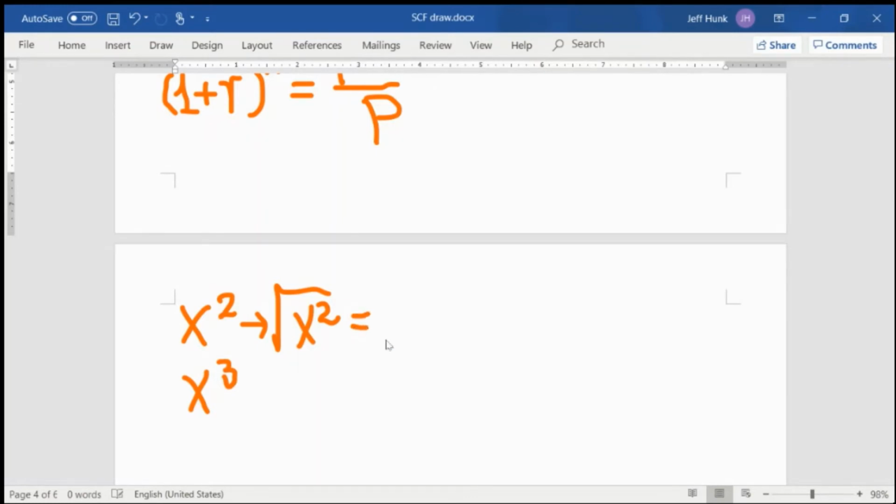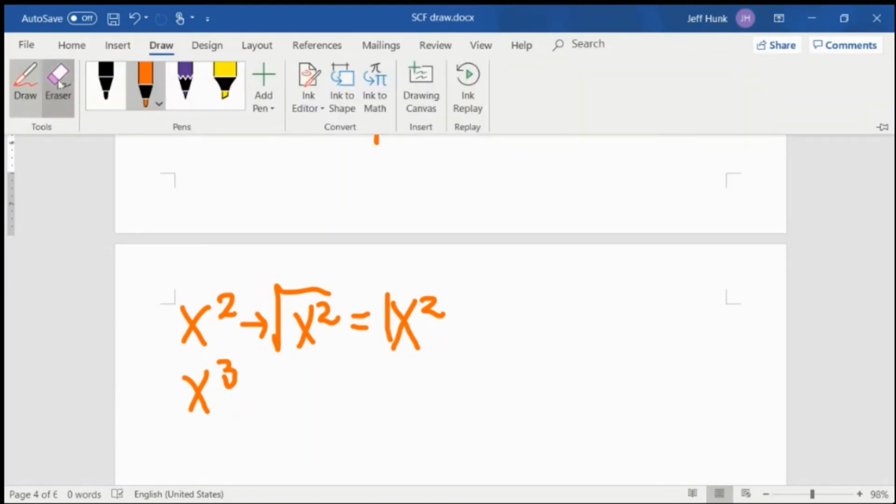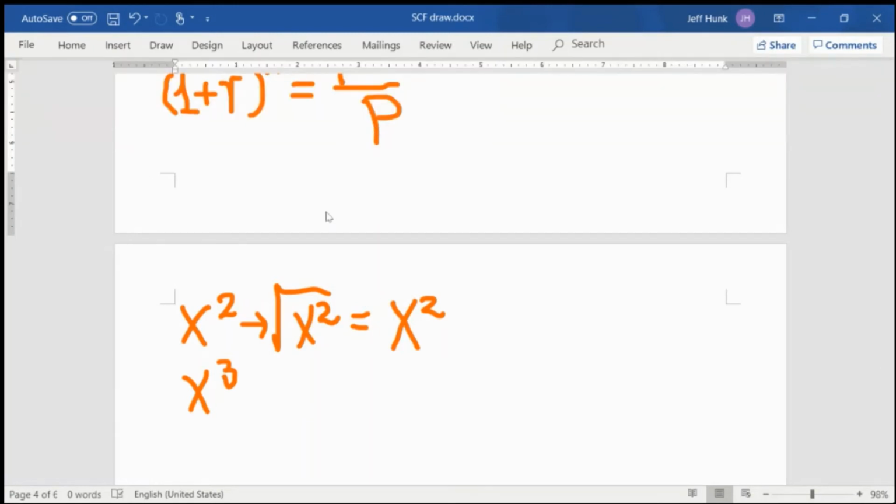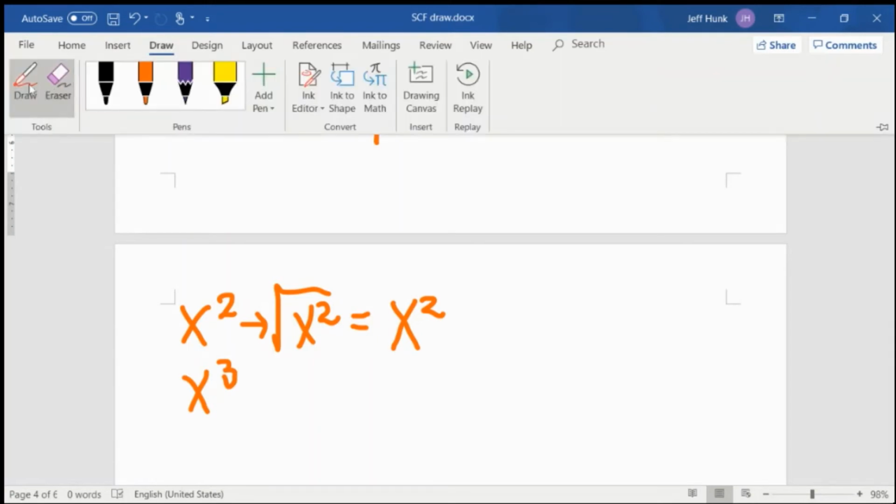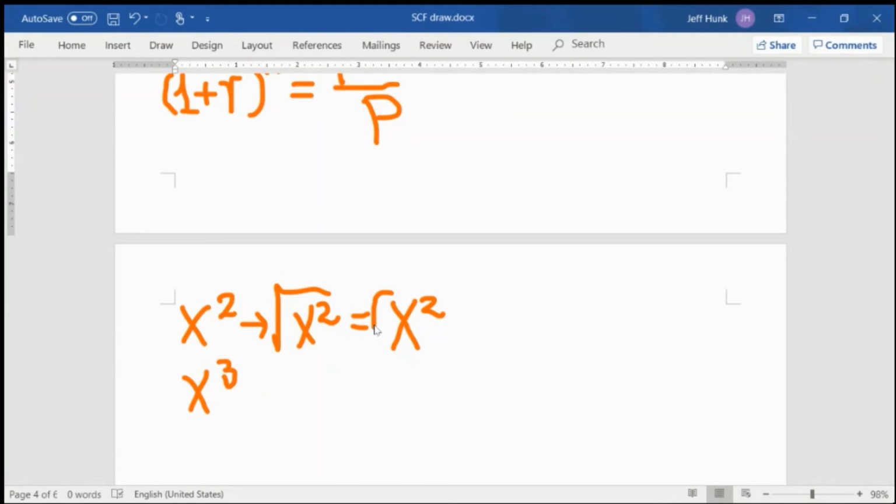Now, another way to write the square root of x squared is x squared raised to half power.